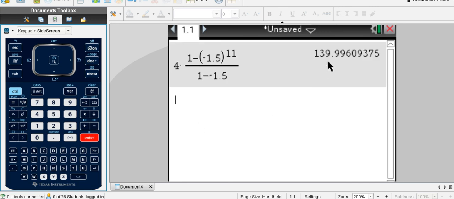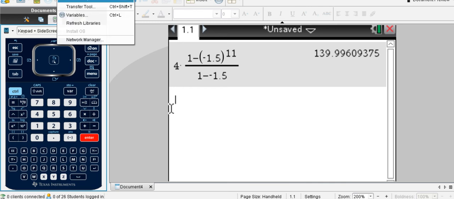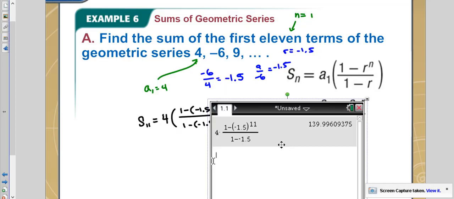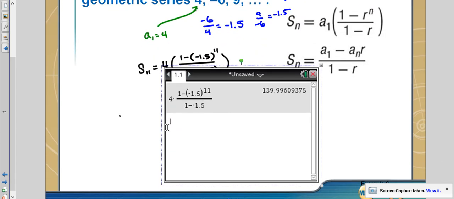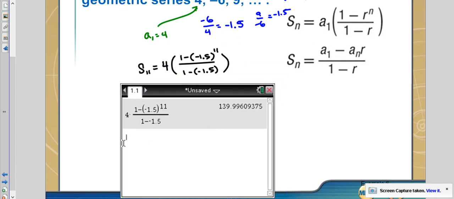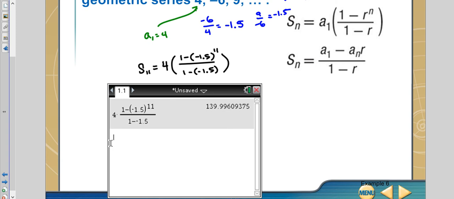Press enter. It says that is my answer there. That would be the sum of those first 11 terms. So if you added them all up, it would give you that amount there. So we'll round and say this is about 140.